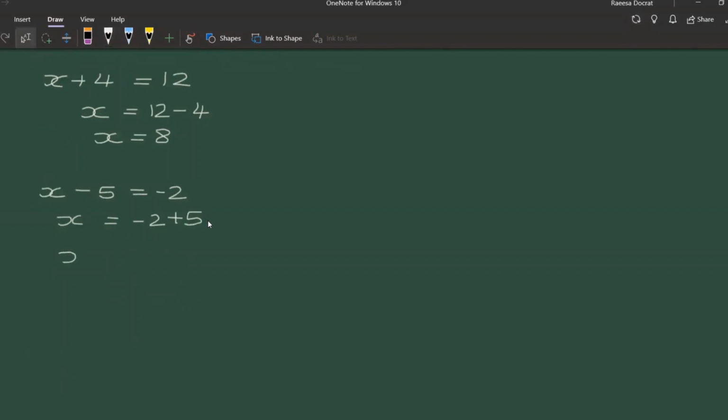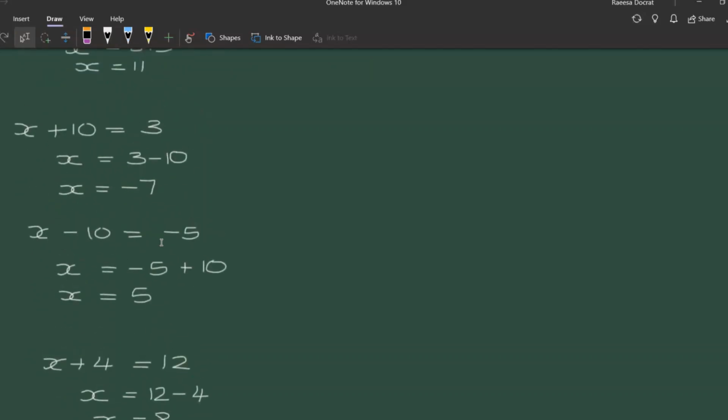So here we have x is equal to minus 2 plus 5, which is 3. The last example is x plus 6 is equal to 4, and we'll have x is equal to 4, and we take the 6 over, and the sign changes, so we have x is equal to minus 2.